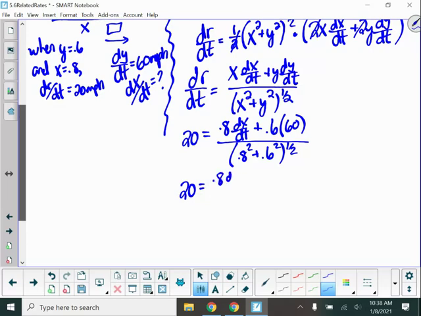So this is 0.8 dx dt plus 0.6 times your 60 is going to be, I believe, let me see here, it's a little bit different than how I did this on my own. 36. Okay, that was what my initial instinct said.